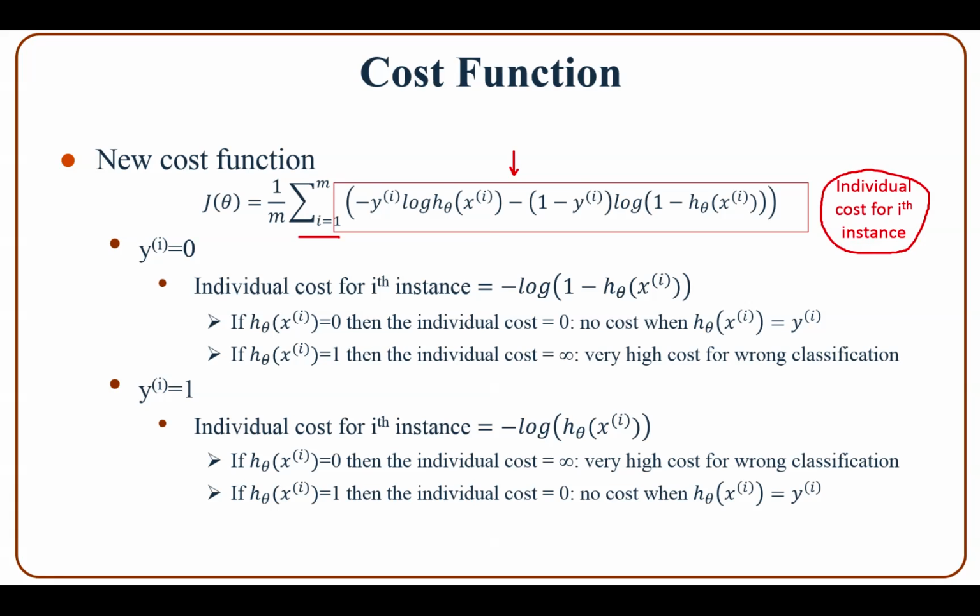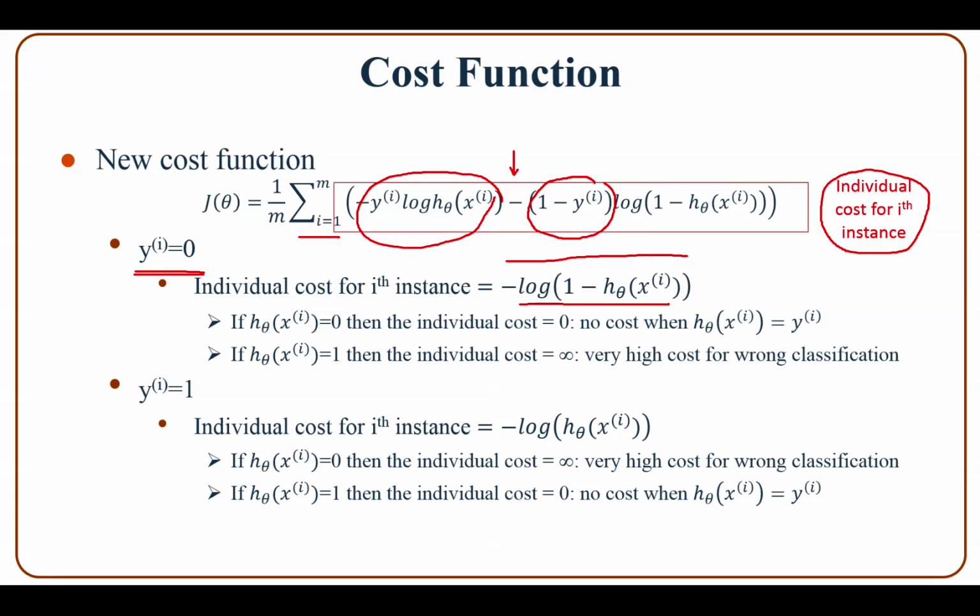Now we look at the case when yi equals 0. We can see that this part is gone. So finally the individual cost for the ith instance is just that, and 1 minus yi is equal to 1, right?